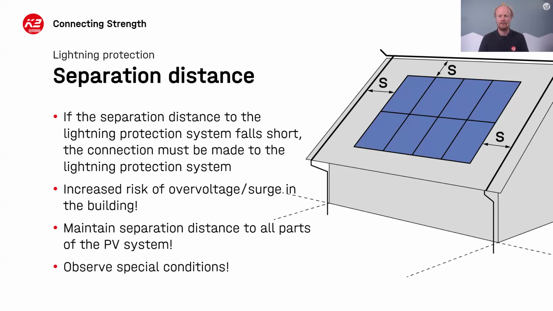And the other part is if you decide not to include the PV system into the lightning protection system, then the whole system needs to be excluded. And so this is away from this S minimum value. That's not just the modules, but it's also the cable trays, any of the cables going into the building. All of this needs to keep that minimum separation distance.